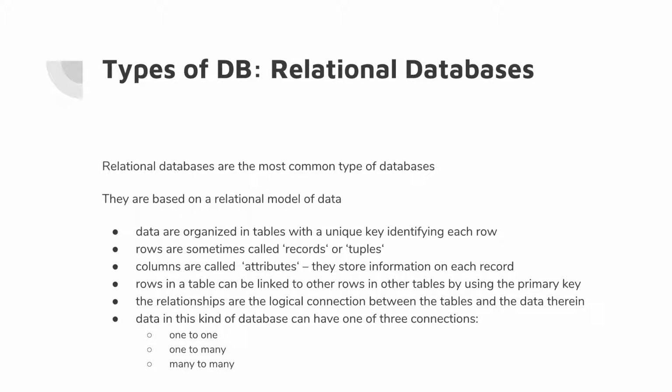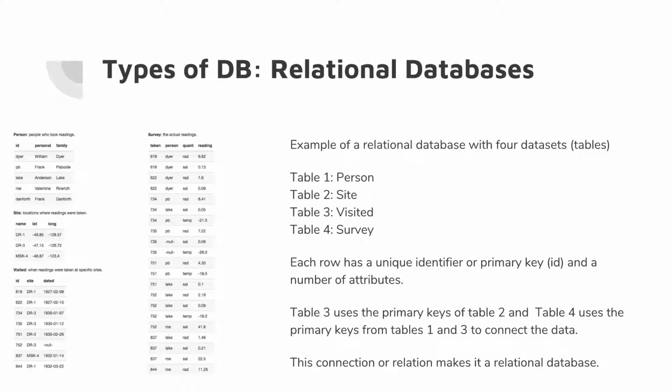I have put on this slide a picture of a very easy relational database. On the left side, you see 4 tables. In the first table, on the top left side, you have information about persons. In the table below that, you have information about some geographical locations.